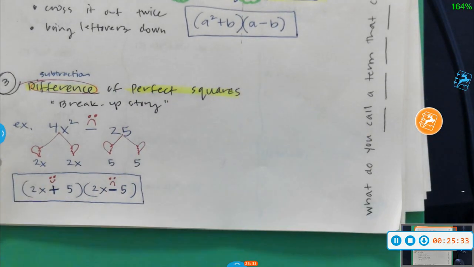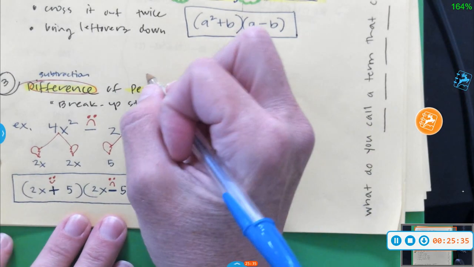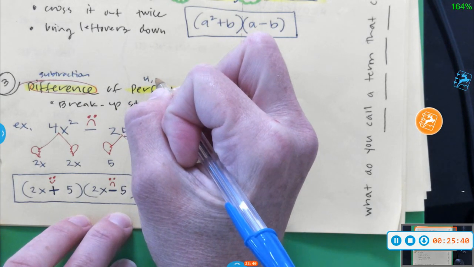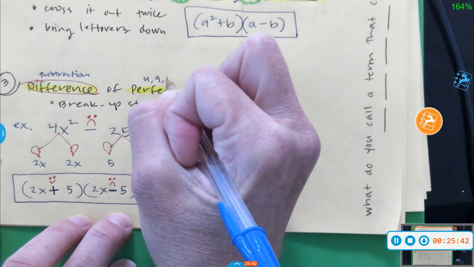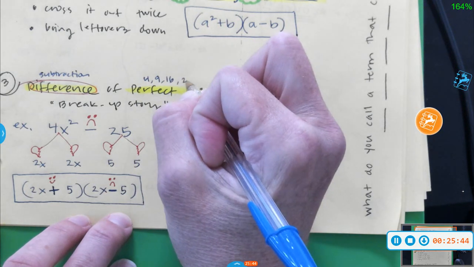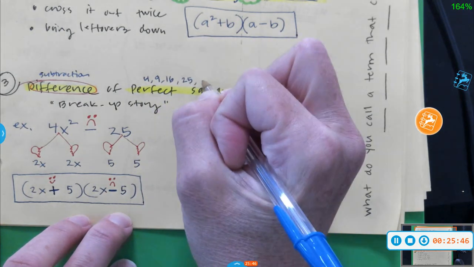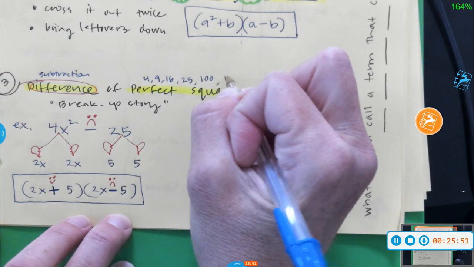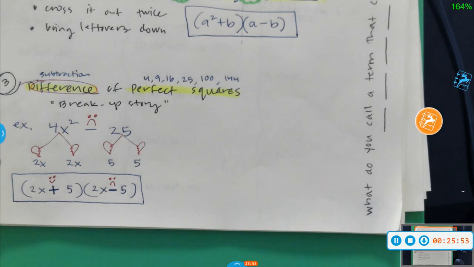Now, let's list out some perfect squares. Just start naming some. 4, 9, 16, 25, 100, 144. I've got a sheet that's got these listed, but a perfect square is the answer you get when you square a number.